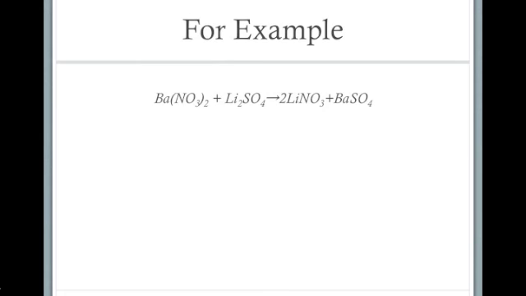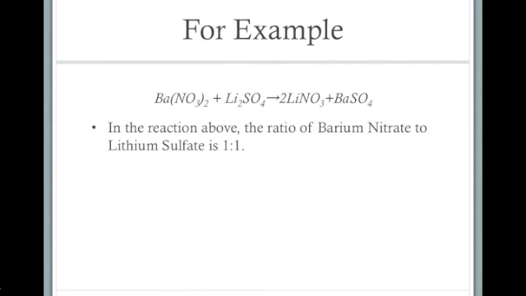If I look, in order to form a whole number ratio, let's say that it asks for the ratio between barium nitrate and lithium sulfate. Well, barium nitrate is right here, and there's no number, so we assume it's 1. And then over here, lithium sulfate, also no number in front of it, so 1. And so the ratio is 1 to 1.